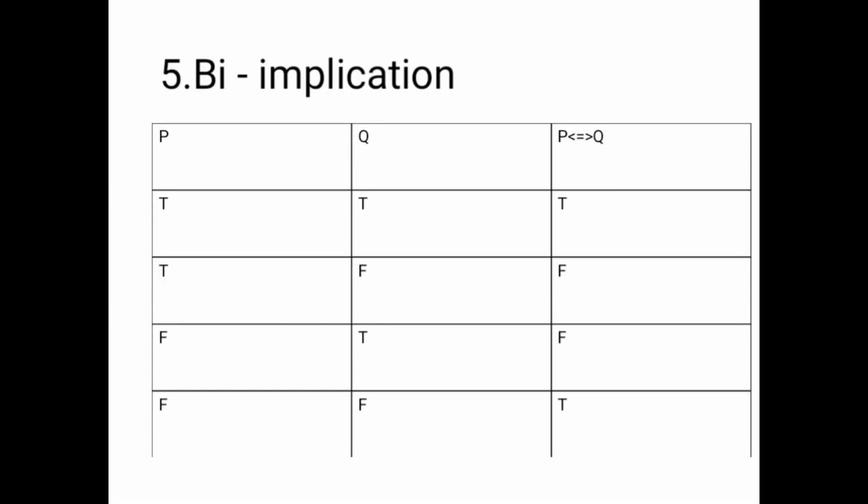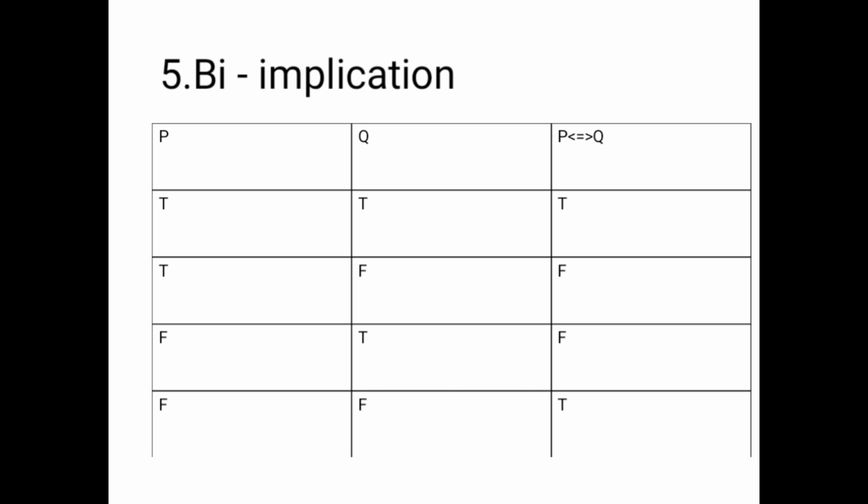We move to our last table, which is the biimplication table. Biimplication is showing there is similarity in P and Q. We need to have similarity in P and Q. It is true on this side on P and also true on this side, so it is true there is similarity.